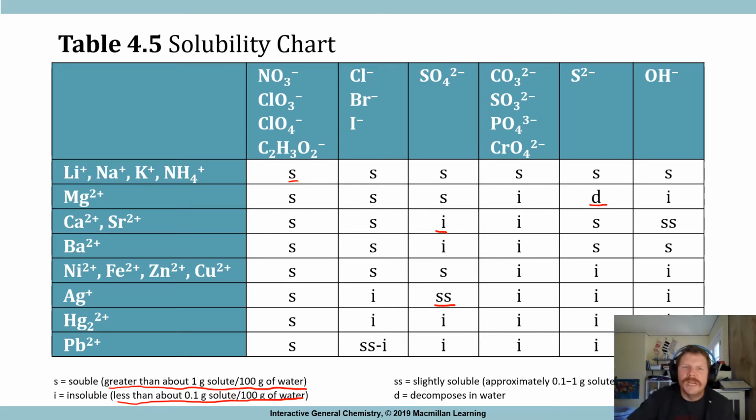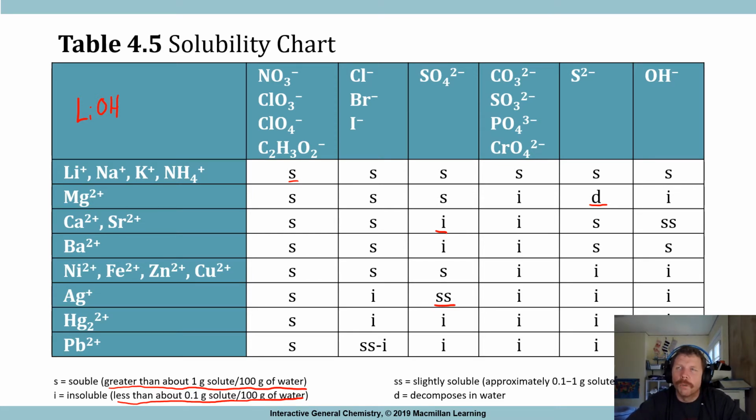Now, how do you read this, though? That's the skill that I want you to take away from this. If you saw something like, let's go with LiOH, lithium hydroxide, that's something that we can classify as a base. We can classify that as a strong base. And so the question is, is it soluble or insoluble?